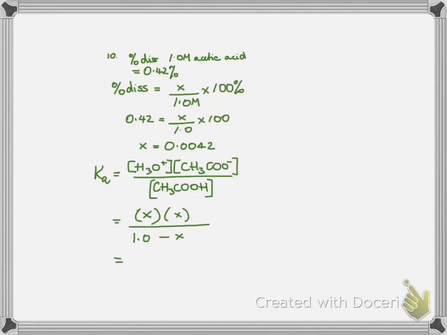So this is going to be 0.0042 squared divided by 1.0 minus 0.0042, which comes out to be Ka is equal to 1.76 times 10 to the negative 5.